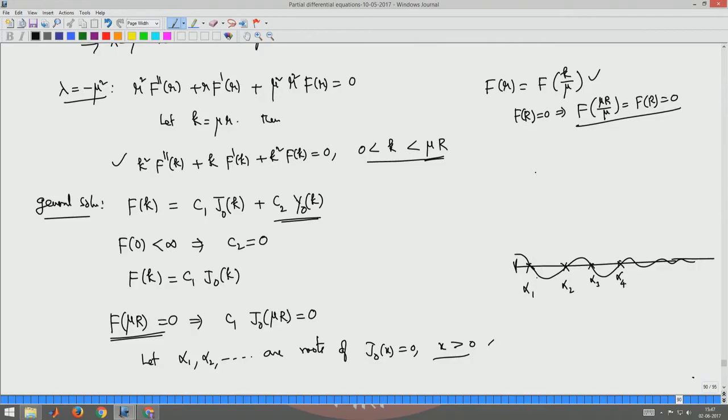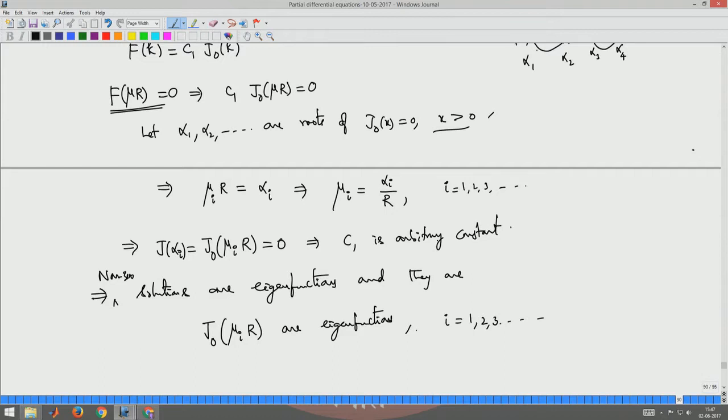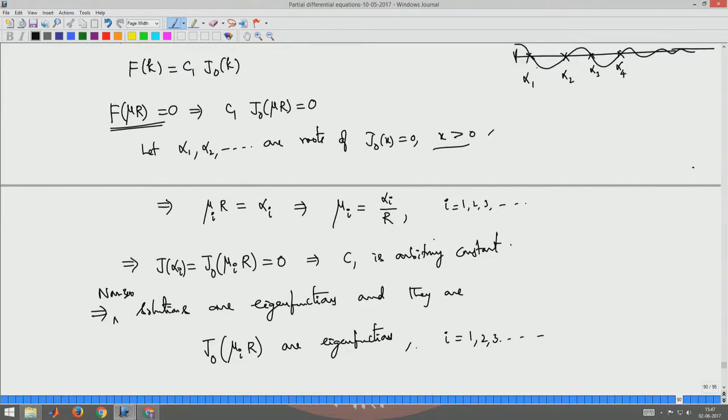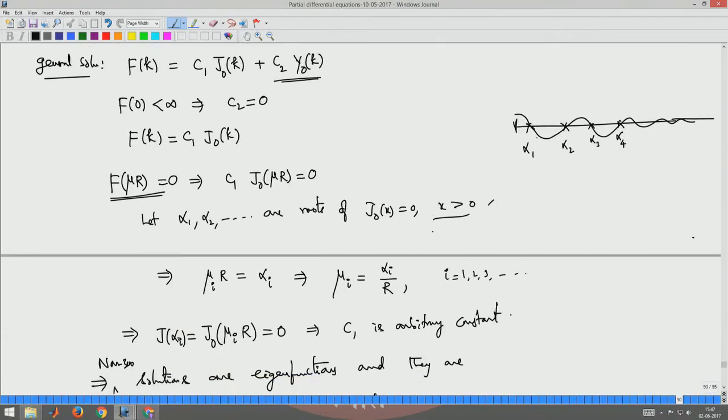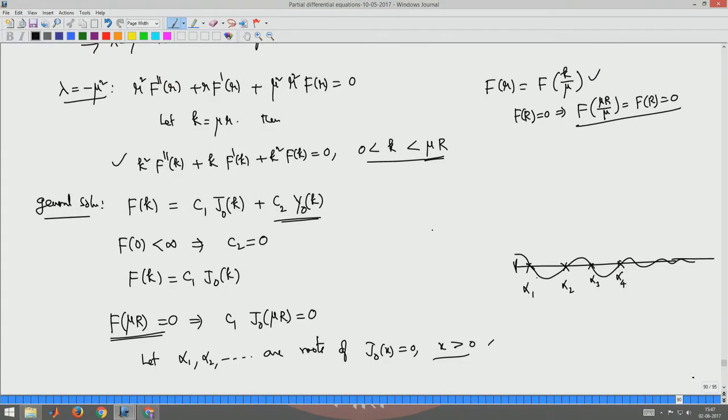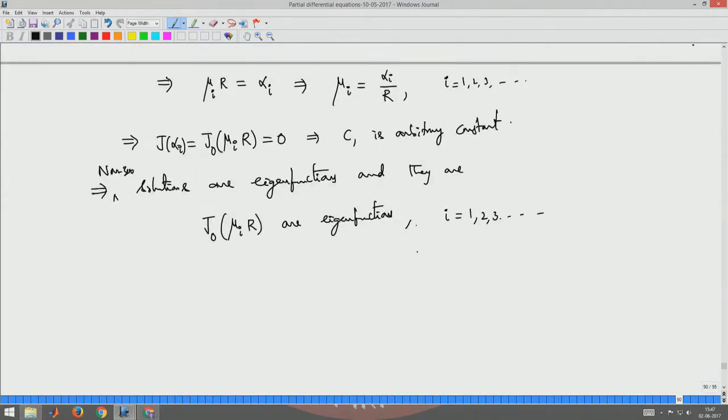So, f of R is f of k by mu. Let us write what the solutions are.